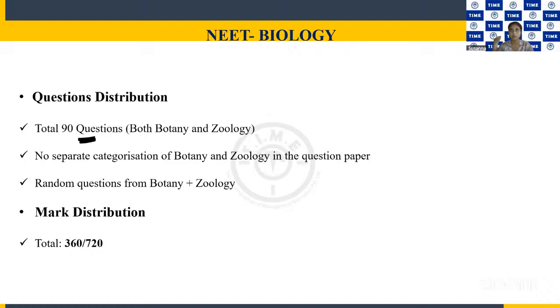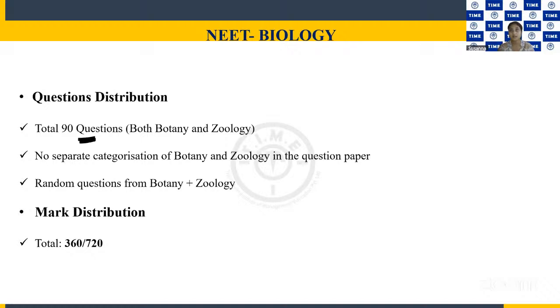When you start the biology section, you cannot see a heading saying botany with all the botany questions under it and then zoology with all the zoology questions. There is no separate categorization as such. It's just a biology section, and you will have a mixture of questions from both botany and zoology.